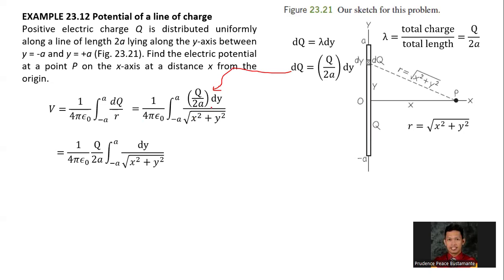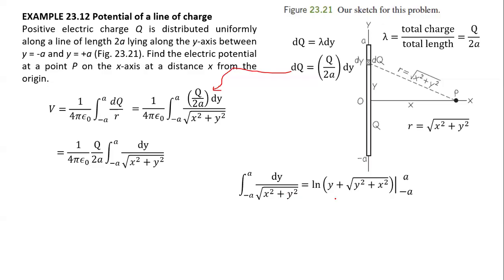If we put the constants out, we have 1 over 4 pi epsilon naught, q over 2a, integral of dy over the square root of x squared plus y squared from negative a to a. So we integrate this from negative a to a to get the whole potential. The integral formula is given by this one.